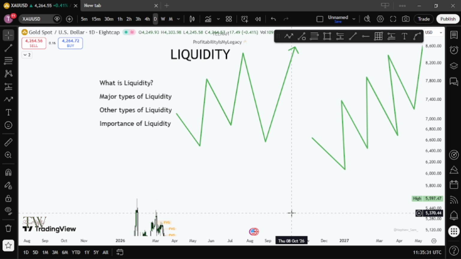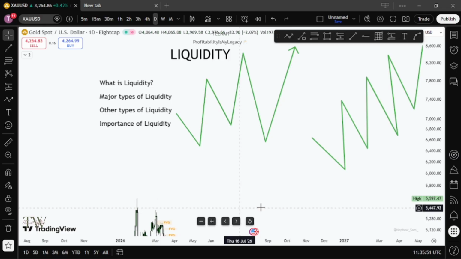Okay, and in the next video, I think we'll be explaining other types of liquidity. We're going to be explaining it in more detail, or I think I've already done every explanation here. But maybe in other videos, by then I will have to make sure that I cover other parts of advanced trading strategies before I come back to it, because I've already given a rundown of all the types of liquidities.